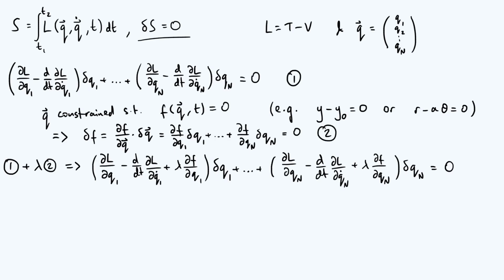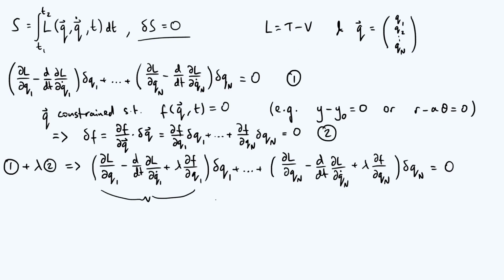And so because we can choose lambda to be whatever we like, we can choose lambda in such a way that we do in fact make all of these individual coefficients of all of the delta q's 0, even though the delta q's are no longer independent of each other, right? Because we can choose lambda however we want to.